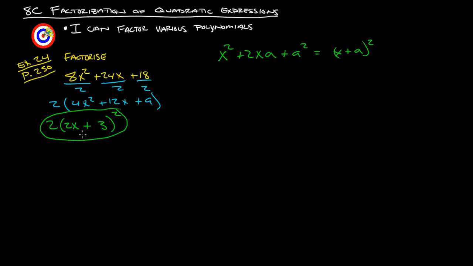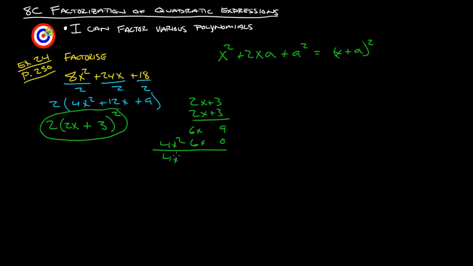Okay, now again, some of you are saying, whoa, wait a minute, how'd that work? Let me show you really quick here. If you do 2x plus 3 times 2x plus 3, 3 times 3 is 9, 3 times 2x is 6x, 0 to hold in place. 2x times 3 is 6x. 2x times 2x is 4x squared.